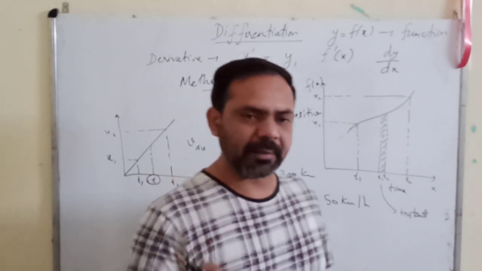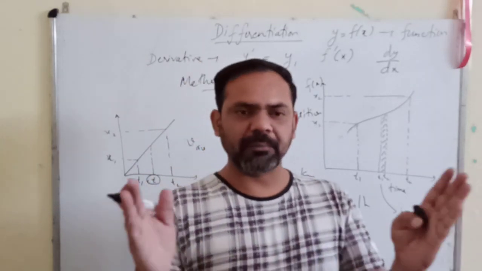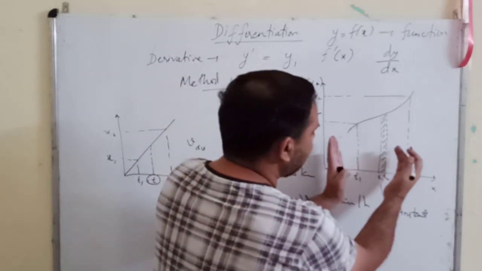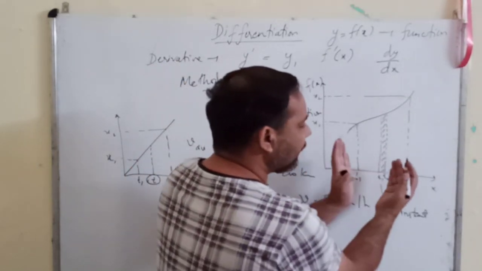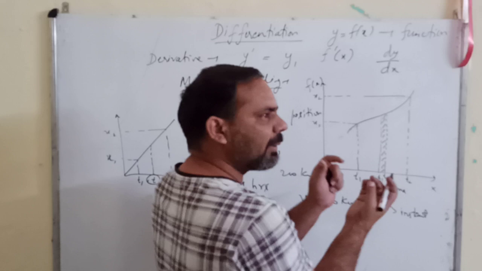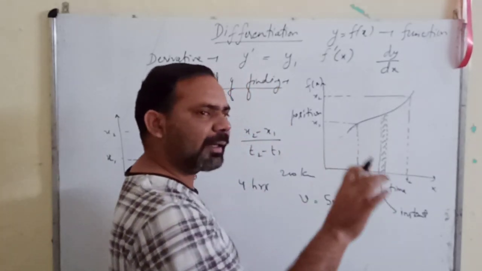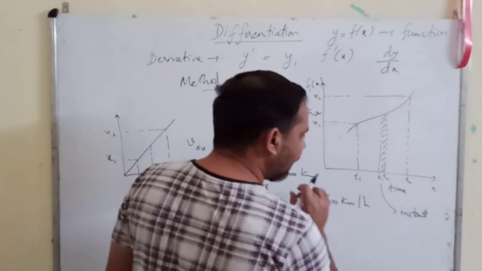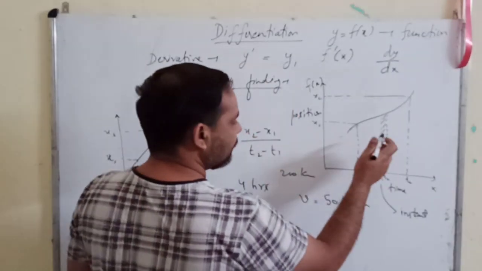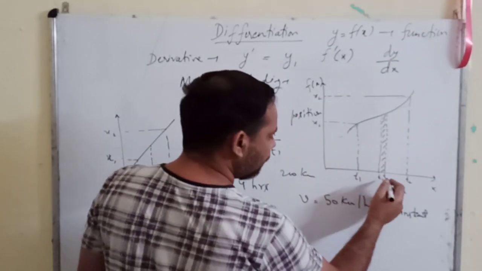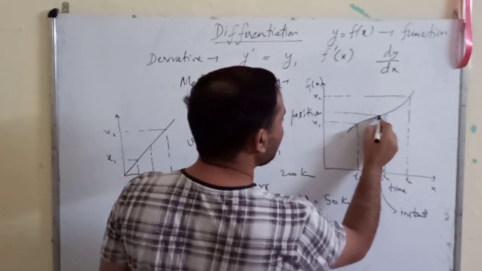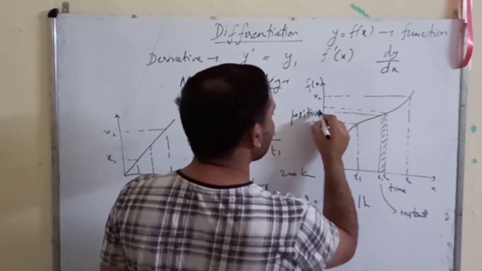I think you can easily understand this. If you go on decreasing the time interval, at some particular point t1 and t2 will become so close to each other that they will be nearly at the same point, and that interval will become the instant. So for this, if you bring them closer, your x1 and x2 will also come closer.